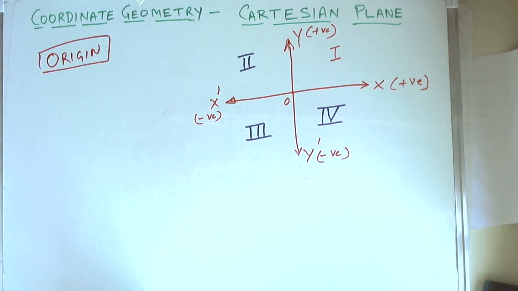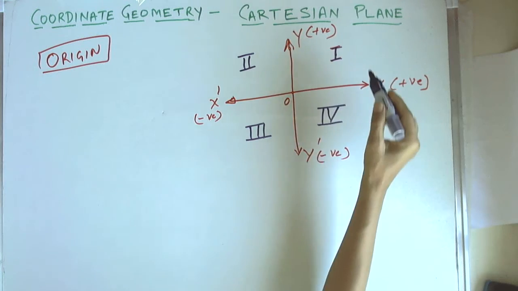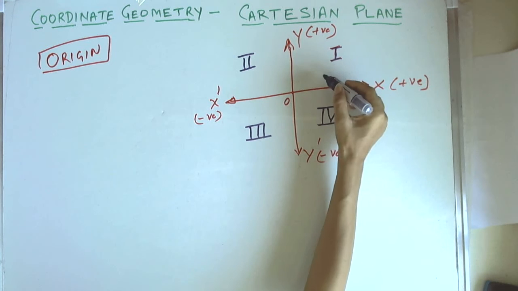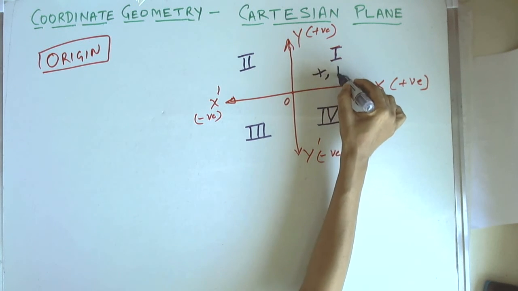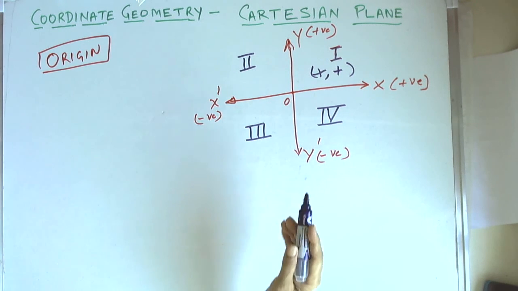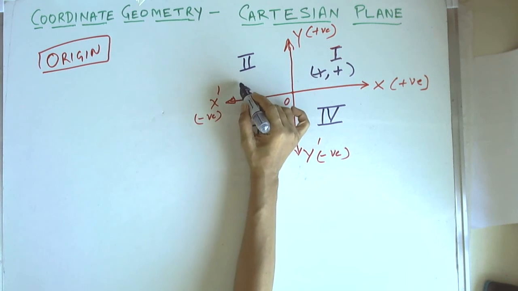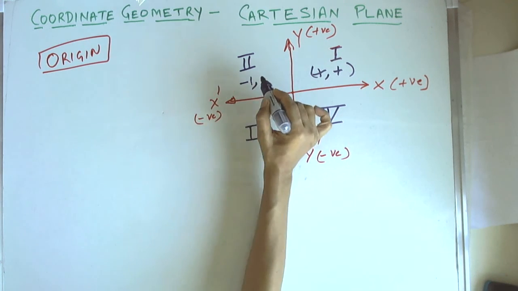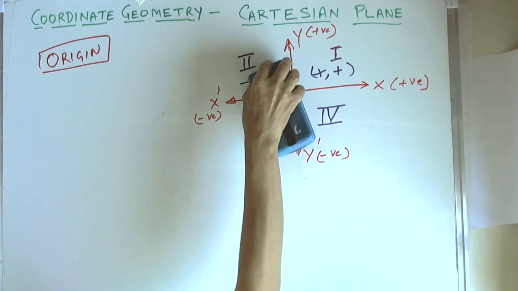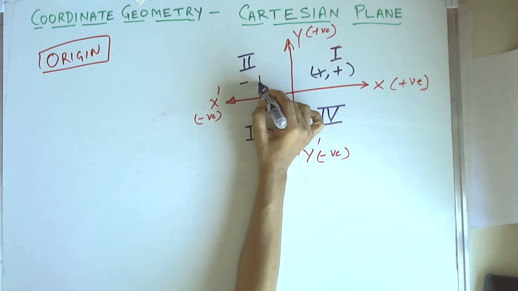Now the first quadrant, if you look at it, both x and y are positive, positive and positive. When we take the second quadrant, the x is negative, since by convention x is written first, and the other one is positive, because y is in the upper plane. So negative, positive.